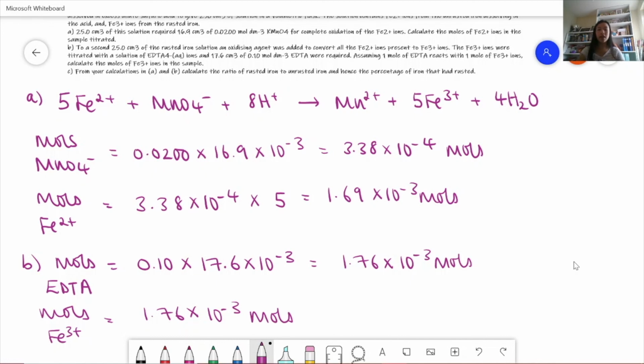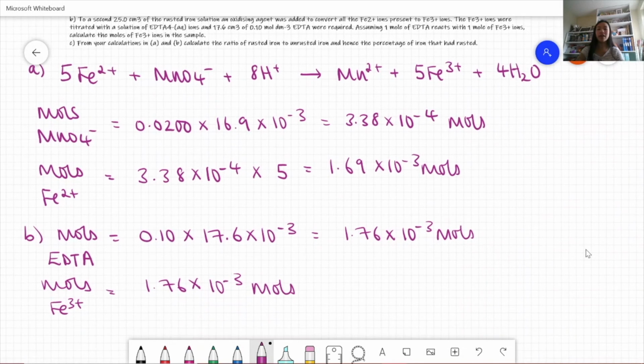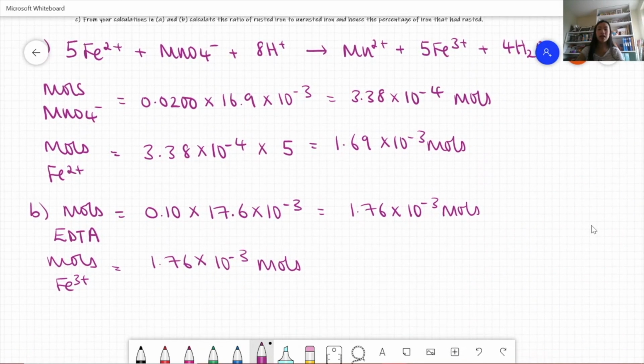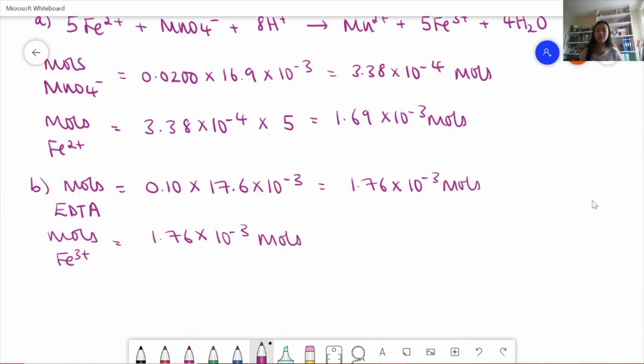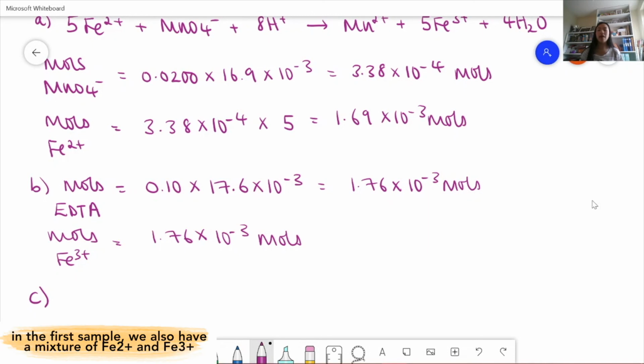And then for C, from your calculations in A and B, calculate the ratio of rusted iron to unrusted iron, and hence the percentage of iron that had rusted. So now what we have to think about is how we work out the amount of rusted iron that we have. So we have Fe2+, which gets oxidized by manganate ions to form Fe3+.